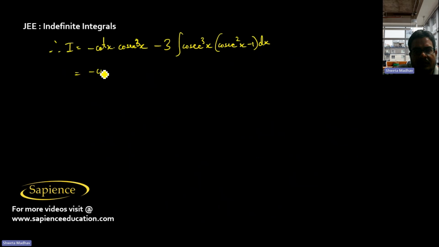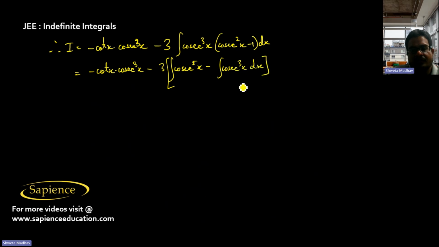So this will be equal to minus cot x into cosec cube x minus 3 into integral cosec power 5x minus integral cosec cube x dx.